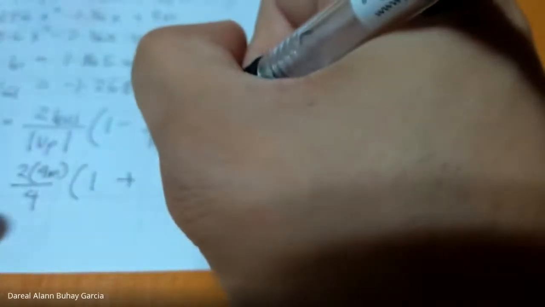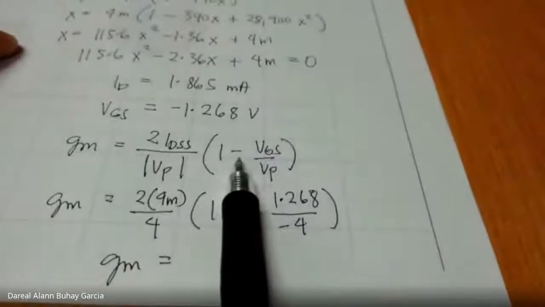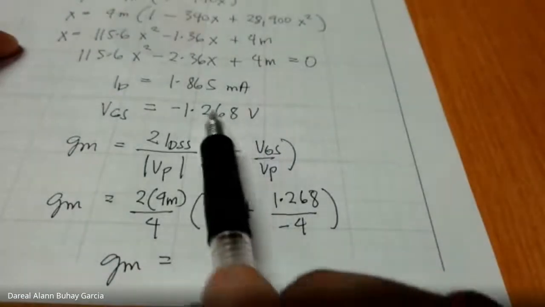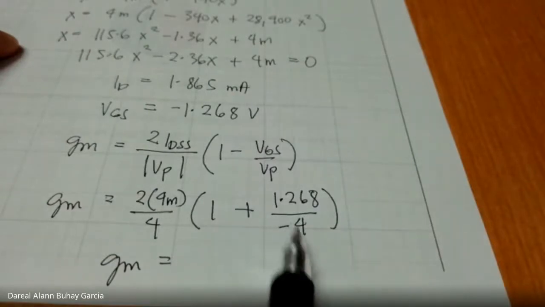IDSS is 4 milli. I think the minus is correct, because VGS is negative but VP is also negative. I'll retain it.